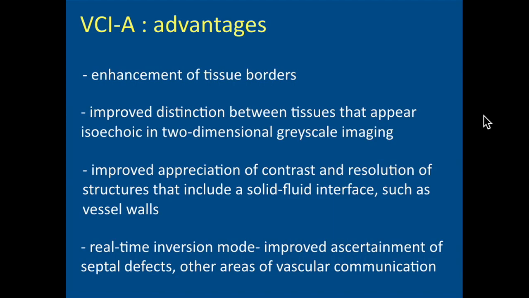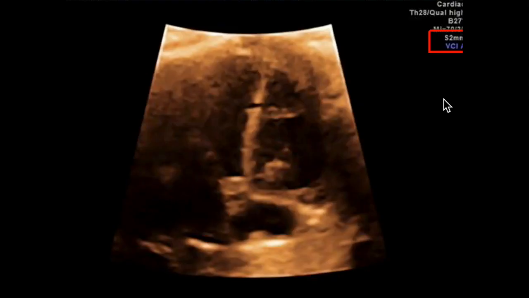The advantages, especially for cardiology, is enhancement of tissue borders, improved distinction between tissues that appear isoechoic in 2D imaging, improved contrast and resolution of structures that include a solid fluid interface, so vessel walls, ventricular septums, et cetera. And if you use the electronic matrix technology, real-time inversion mode, which again is helpful for things like vascular communications or VSDs.